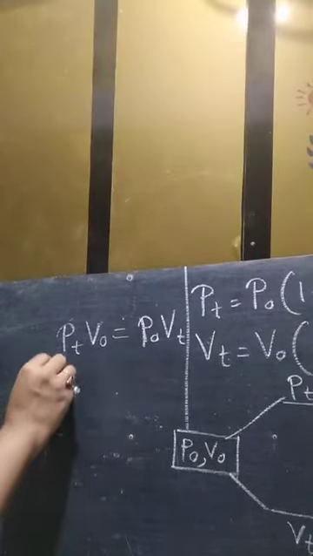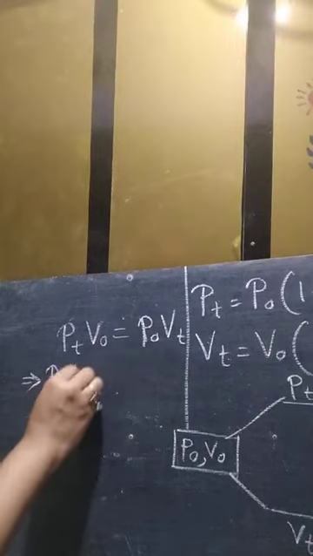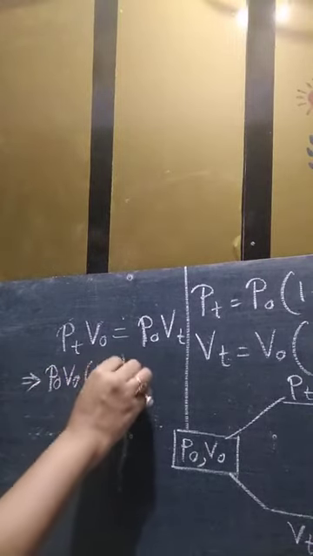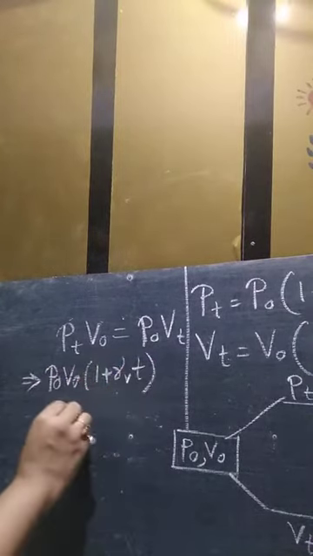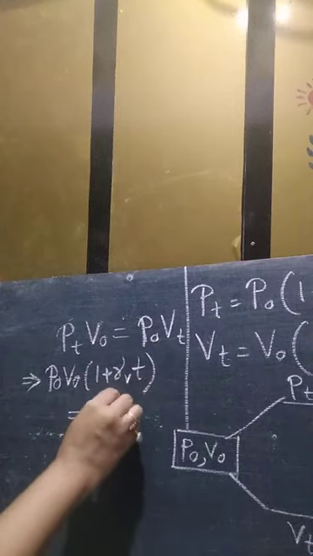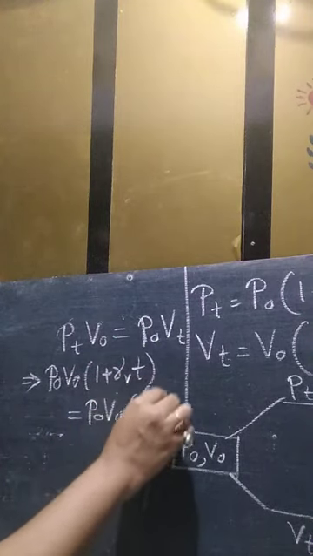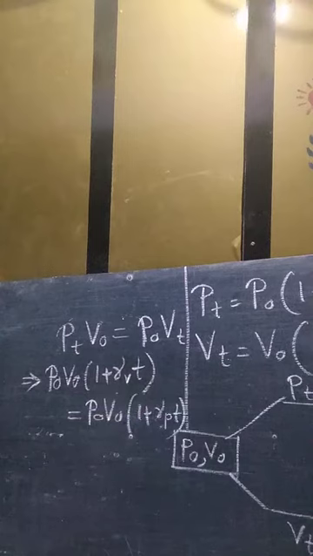So let us just put the values. PT V0 becomes P0 V0 (1 + gamma V T), which should be equal to P0 V0 (1 + gamma P T).